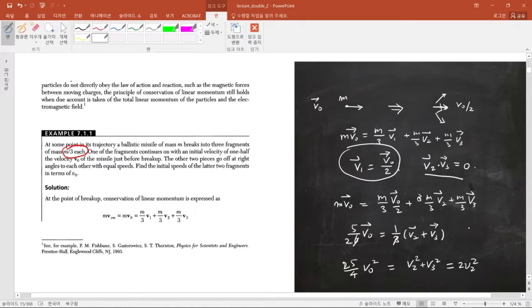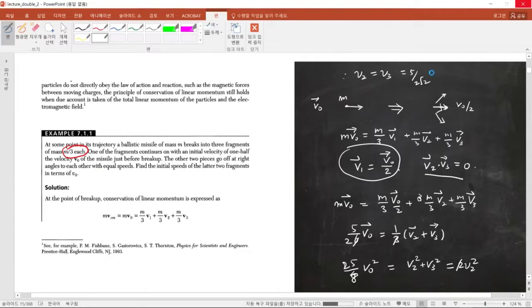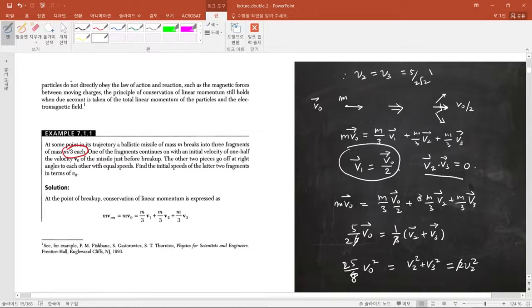Therefore V2, which is the same as V3, should equal to 5 over 2 square root 2 here. Okay, so it becomes 8. Okay, so it is 5 over 2 square root 2 V0.